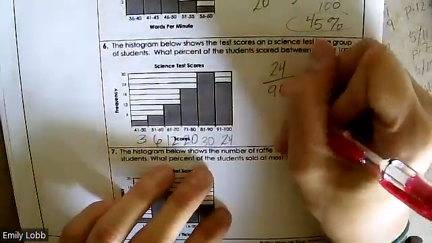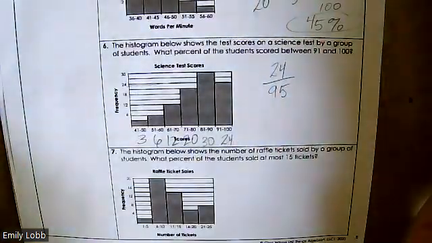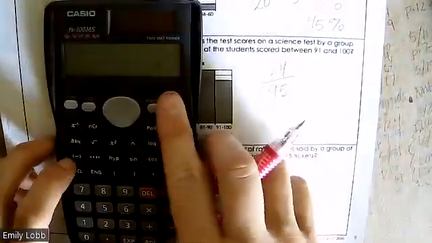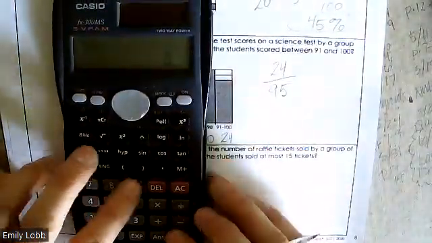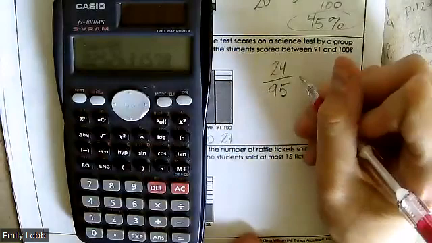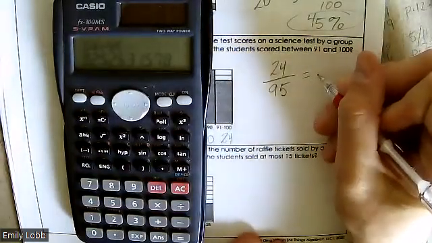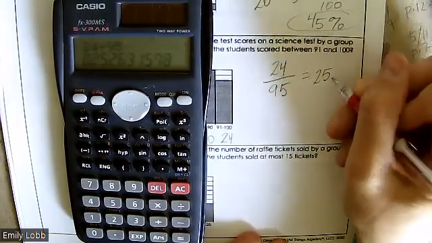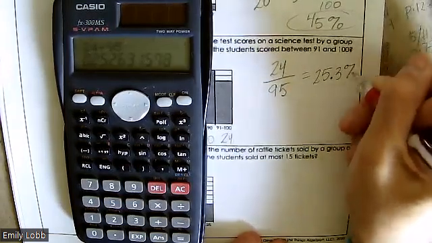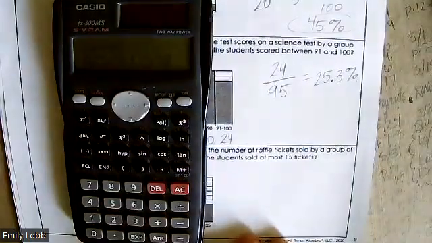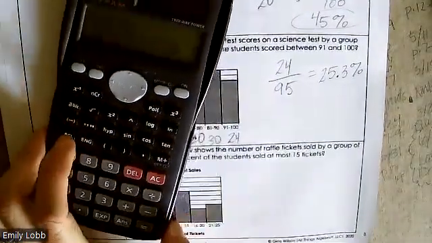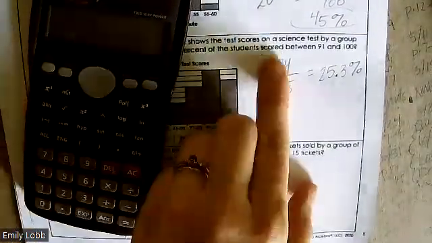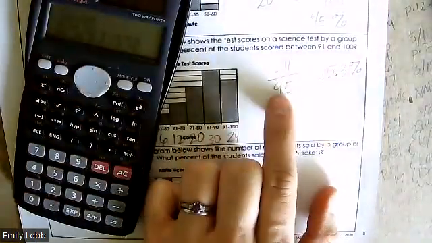Is that what you guys are getting? Yeah. So then I would say 24 divided by 95. Well, if I was rounding to the 10th, I would go up because my next number is a 6. So it makes sense that it's about a quarter because it's a little less than 100, yes.